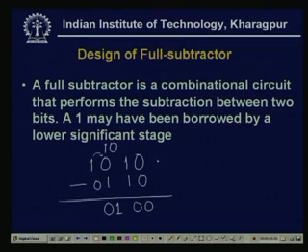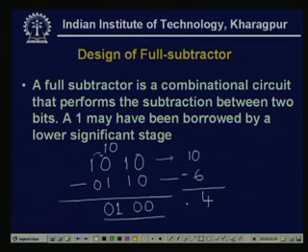If I take the decimal equivalent, we see that 1010 is nothing but 10, 0110 means 6, and if I take the subtraction then it will be 4, which is nothing but our 0100. See here, for these 2 bits nothing has been borrowed.